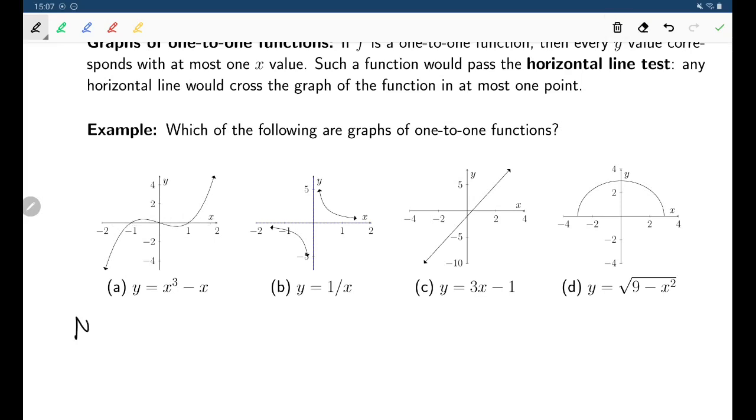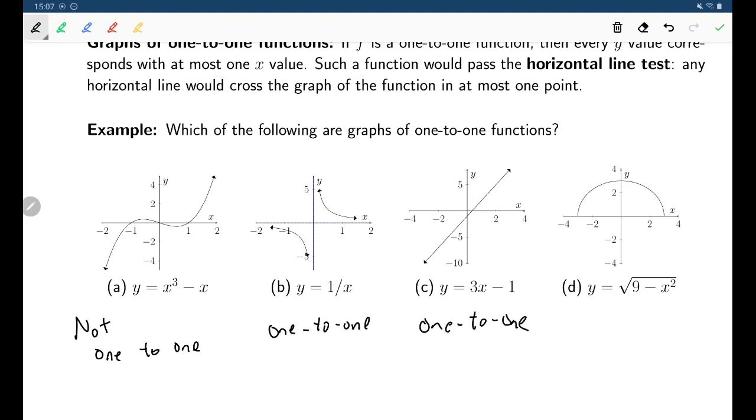So this is something that's not one-to-one. 1 over x, on the other hand, that is a one-to-one function. Because again, if you're imagining any horizontal line that we draw through this, it will pass through the graph in at most one place. Same thing is true with my straight line, y equals 3x minus 1. That's also one-to-one.